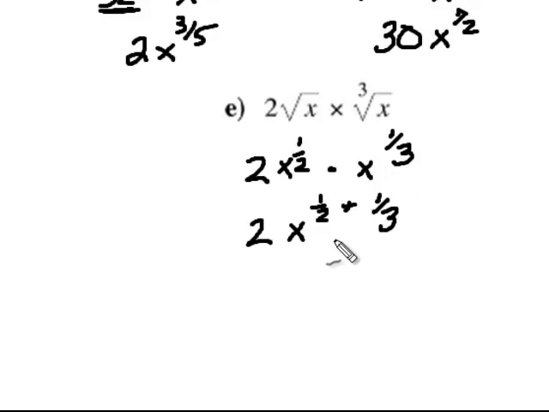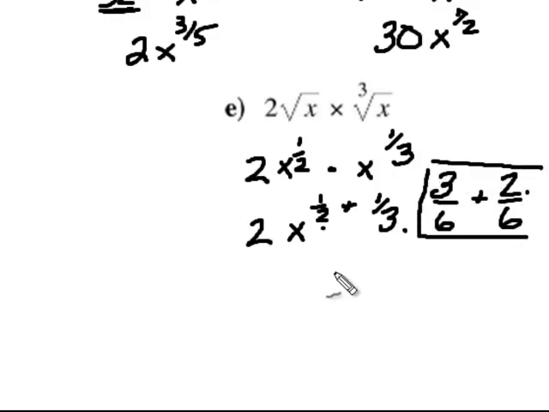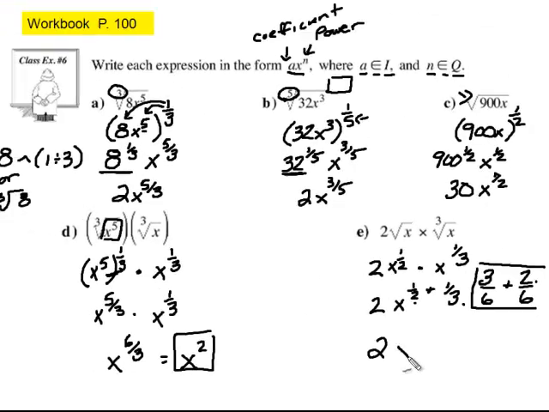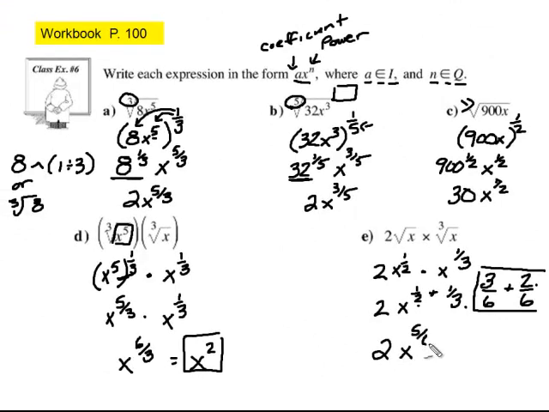The difference here though is that I need a common denominator. So in this case I would probably use 6. So 1/2 is the same as 3/6, and 1/3 is the same as 2/6. So that's just a little side note there of what I did in my head. So I've got 2x to the 5/6.